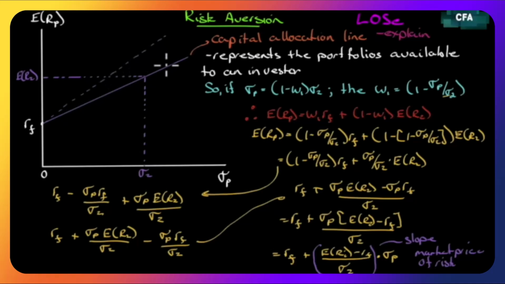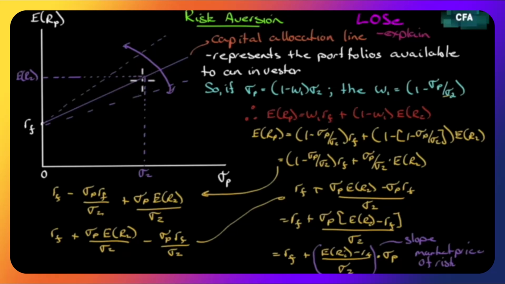So the capital allocation line is not just one line that you draw once and for all and it's done. The capital allocation line can vary depending on the market price of risk. So we always want to keep an eye on volatility. We always want to know what level of risk the market is pricing in, and that will tell us what our capital allocation line is.